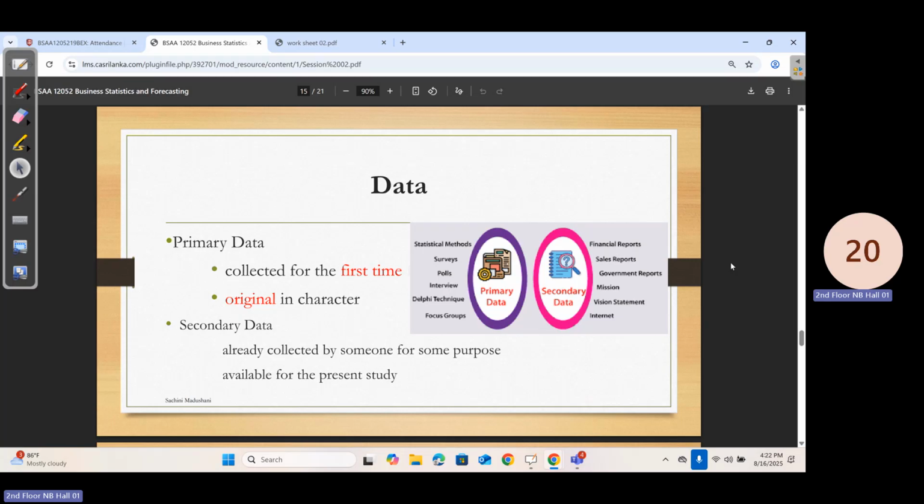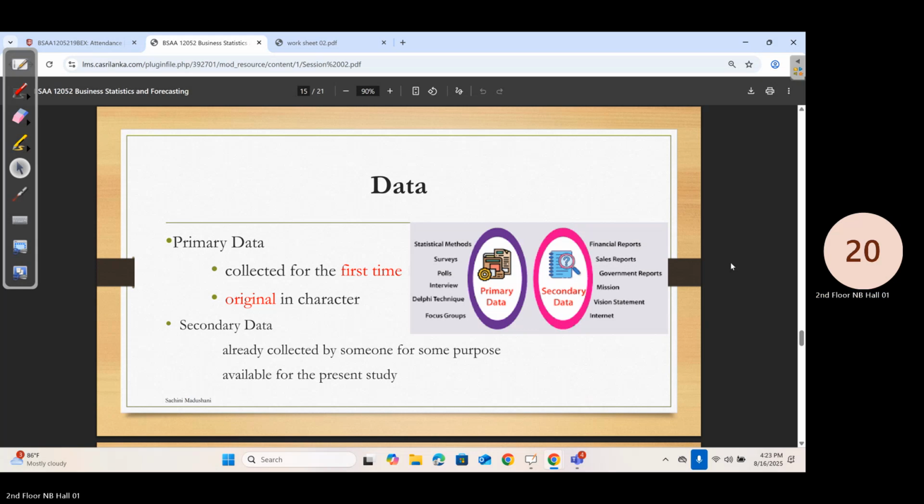Then we interview the customers or we can distribute the questionnaire to get their feedback. Then this data we collected for the first time. Understood? Then we call this data the primary data. Primary data. Here then we refer to a book and get the data. It's not the primary data.